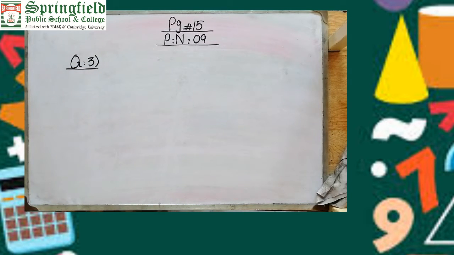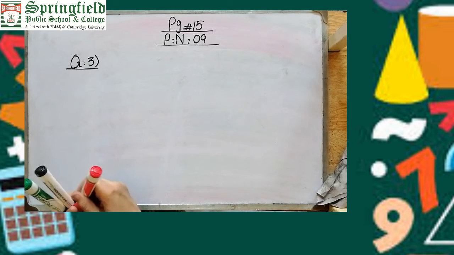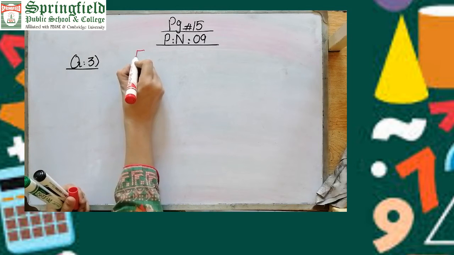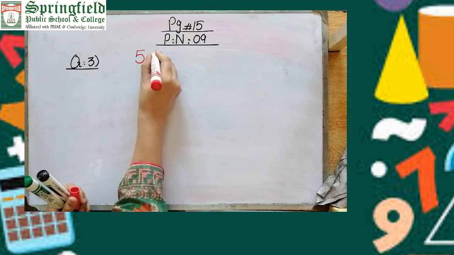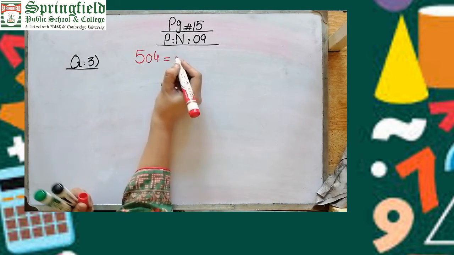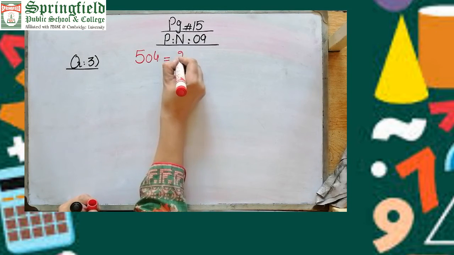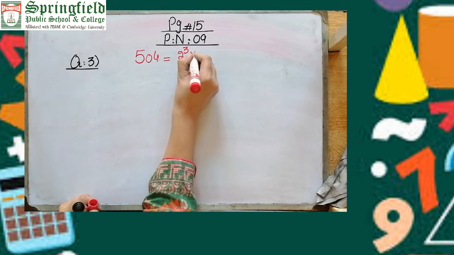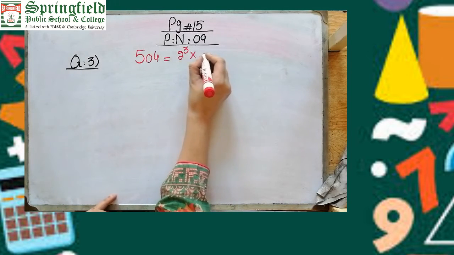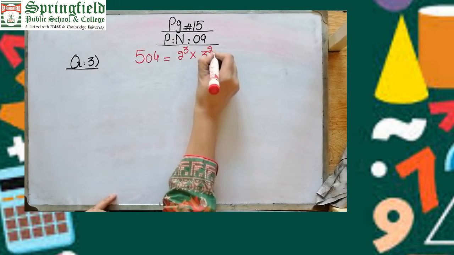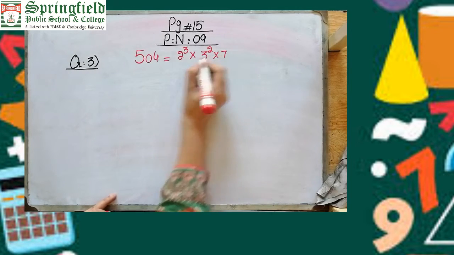The given factors of 504 are 2 cube multiply 3 square multiply 7.